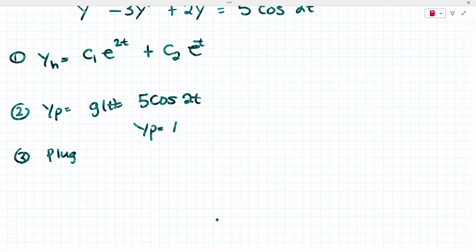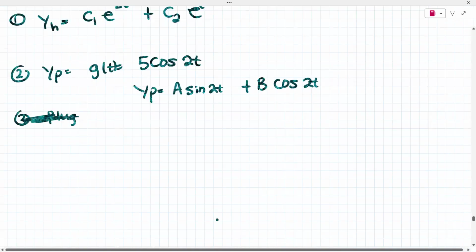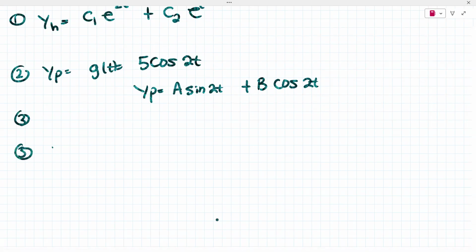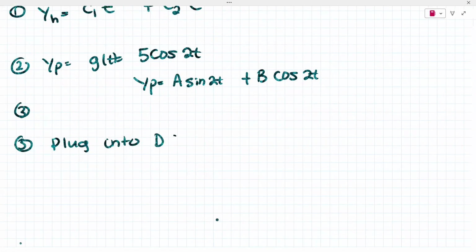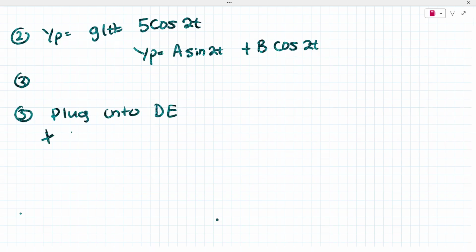So your yp is going to be a sine of 2t plus b cosine of 2t. Step 3, plug into the differential equation. But before you do that, always check and compare yp with yh just to see if they're similar. If they are, you have to add an extra t.